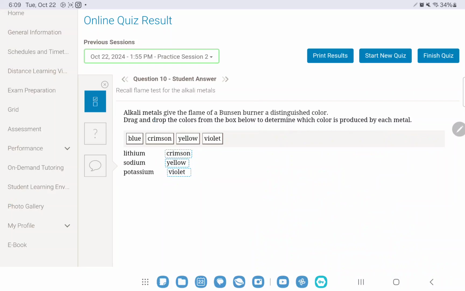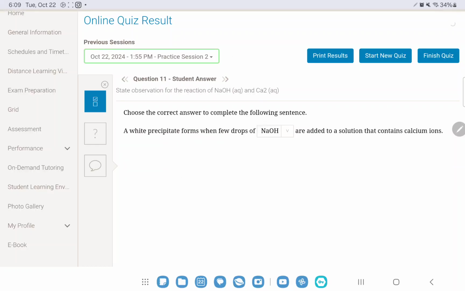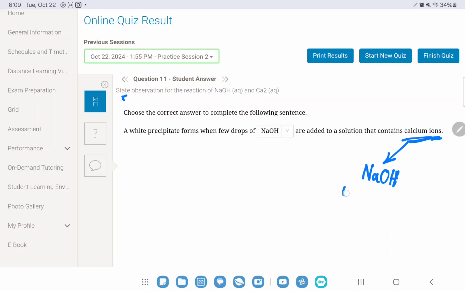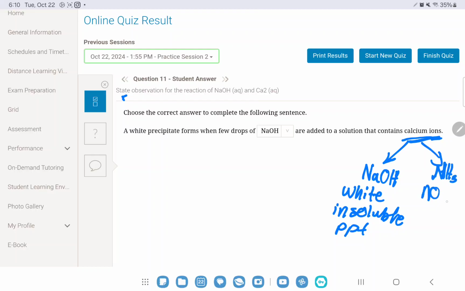So let's move on. Lithium we said was crimson, sodium we said was yellow, potassium we said is violet. Okay. Like I told you in the first question, calcium in NaOH makes a white insoluble precipitate, and in ammonia, NH3, no precipitate, or no reaction either.